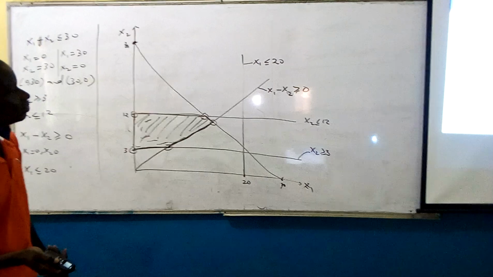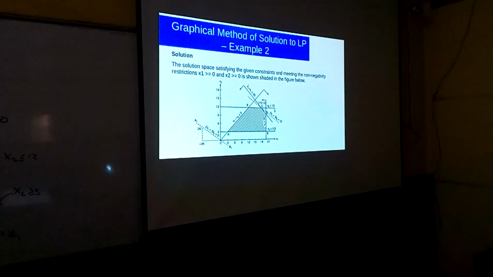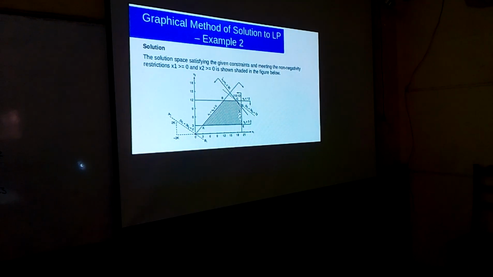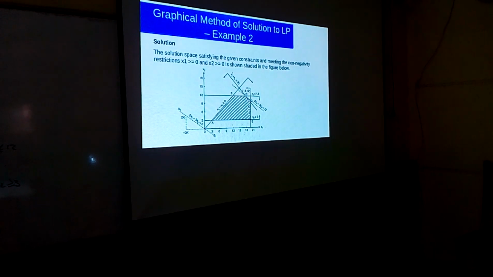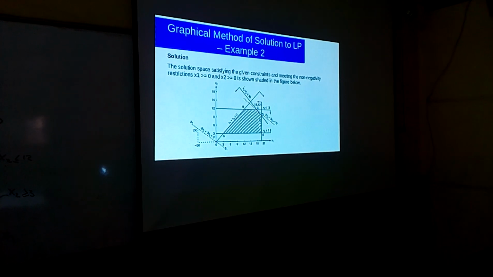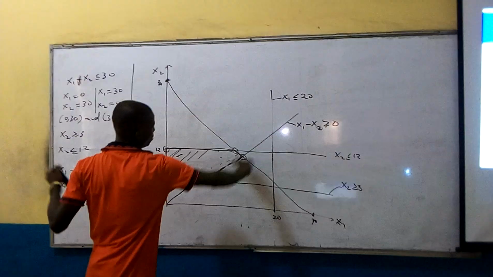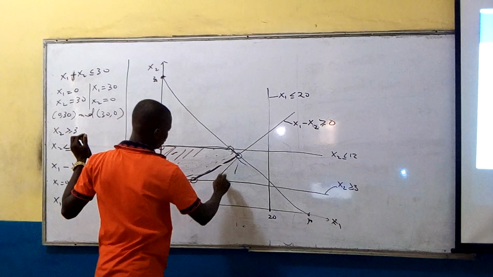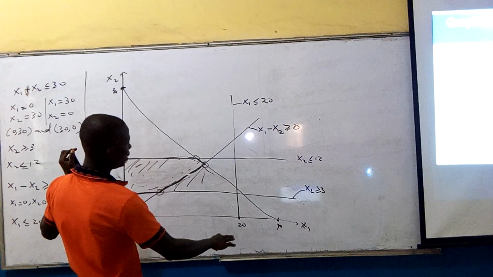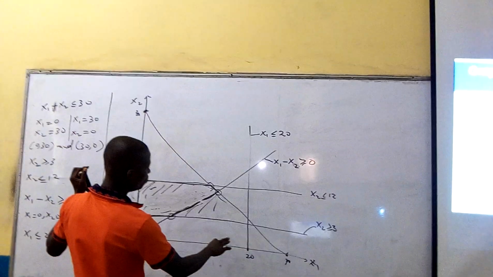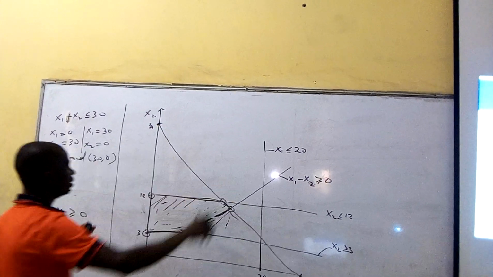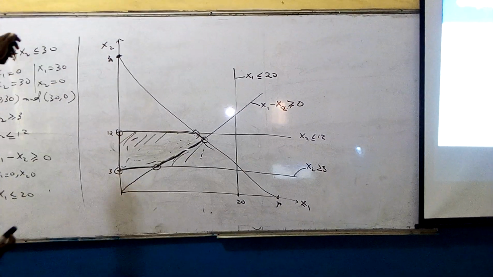Sorry, go forward. Let's see. There's one constraint, so this is more or equal to. Sorry, I should have come here. If it is more or equal to, this line should be more or equal to.